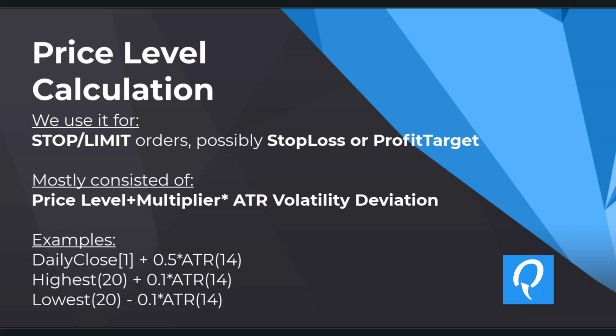The second part of this formula, multiplier multiplied by ATR volatility deviation, causes that if the price is more spread and dynamic, there is more volatility in the market. This number gets higher and is added to price level. It means that the price has to break through a higher level in case of higher volatility, and when the volatility decreases, the level gets closer and closer to the price level. This formula works very well for almost all robots. So you will mostly see this formula while building your robots.